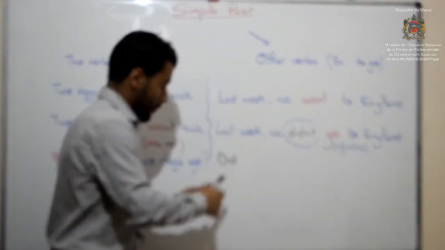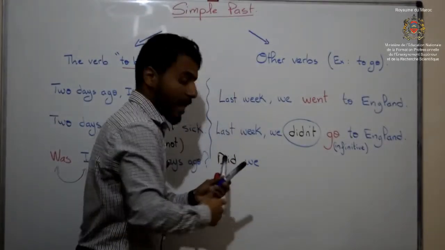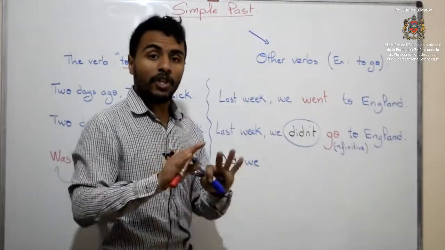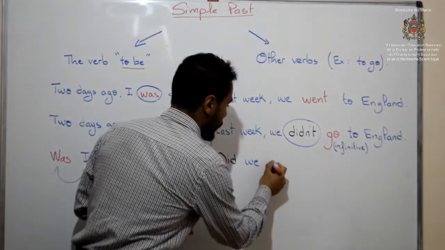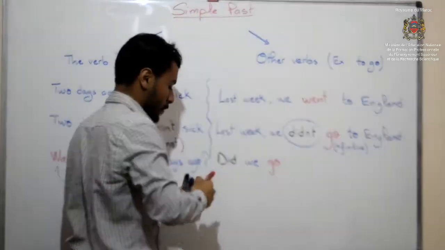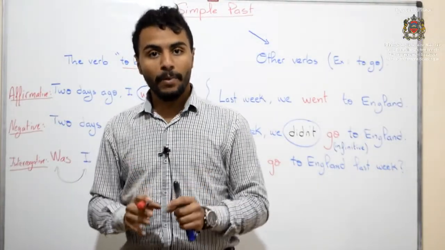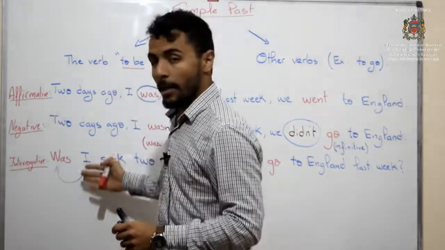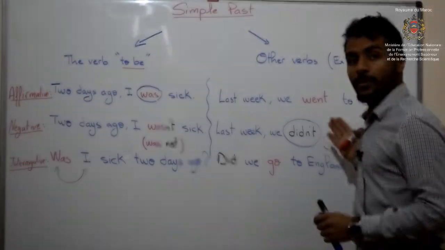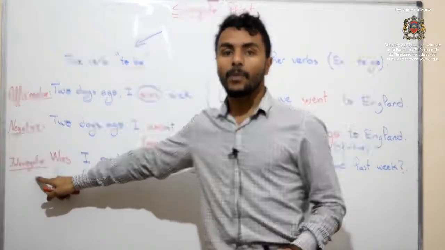Did plus subject, we, and the verb not changed. Go. It's not went. No, go. Well, to sum it up, this is how you make sentences in the simple past with the verb to be and with other verbs in affirmative, negative, and interrogative question.